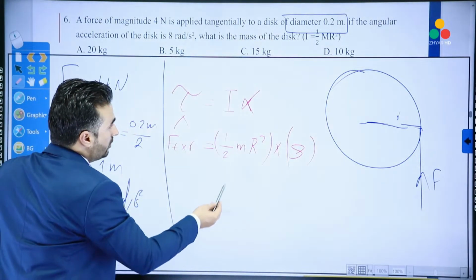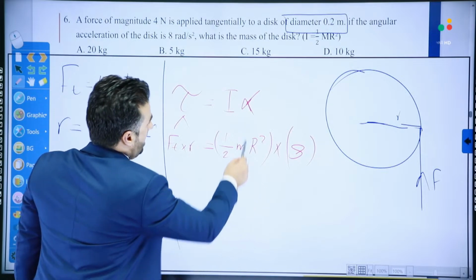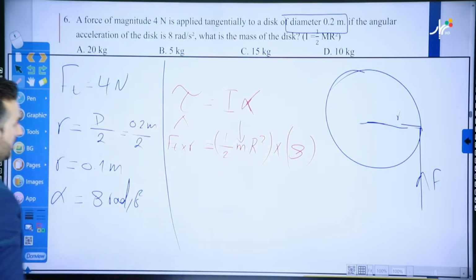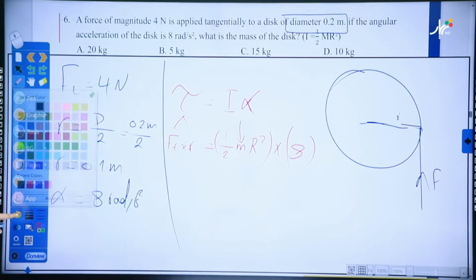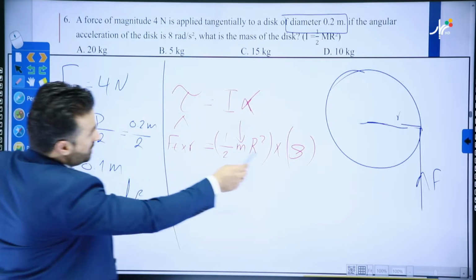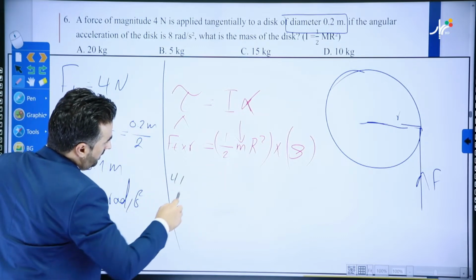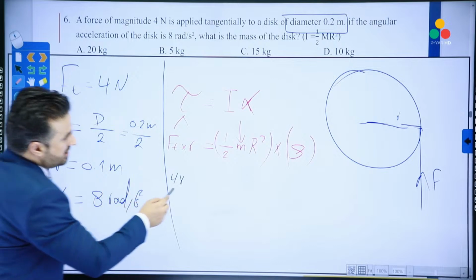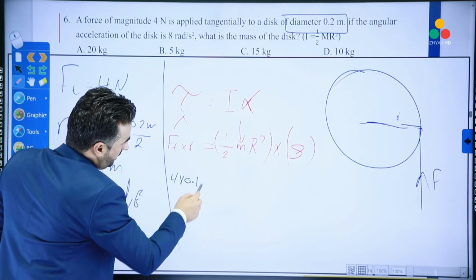What are we trying to find? The mass. Now plug in the numbers. The force applied is 4 Newton multiplied by the radius. What is the radius? It's 0.1 meter.